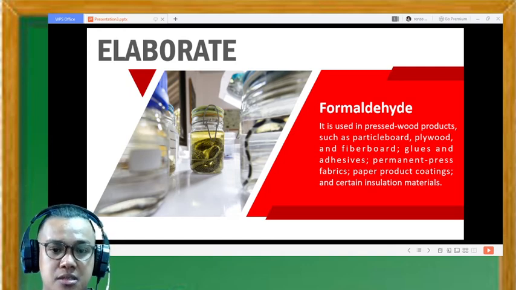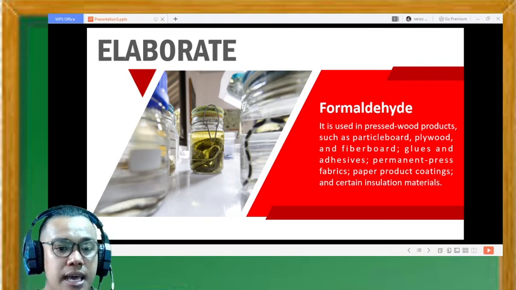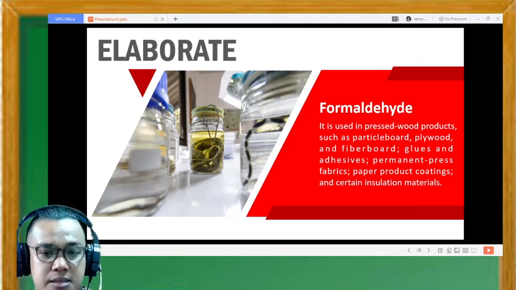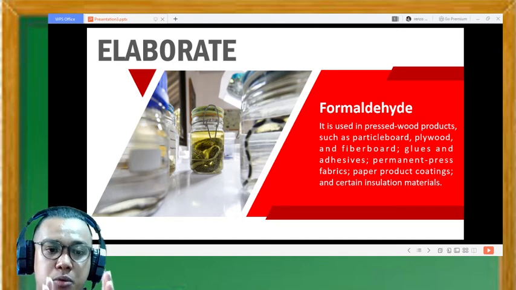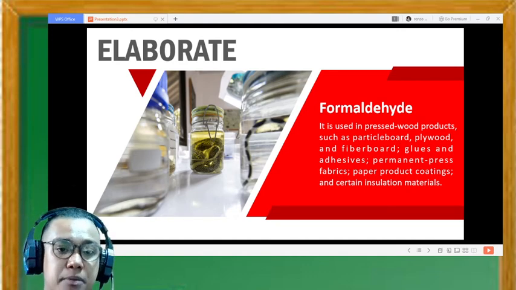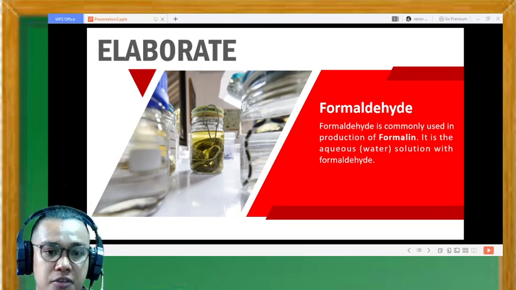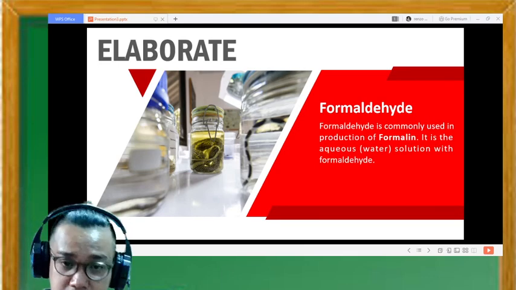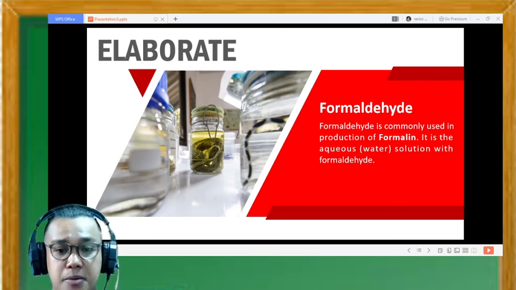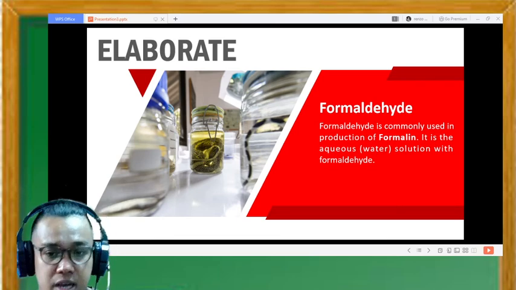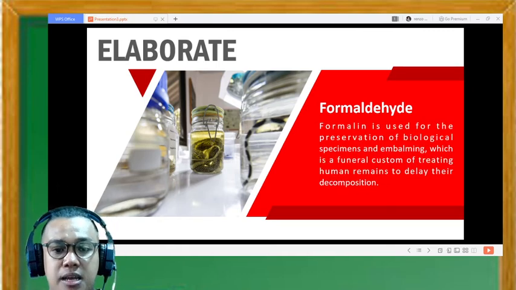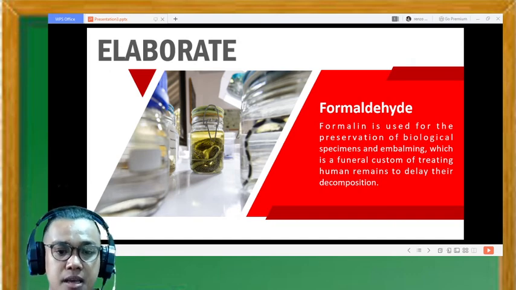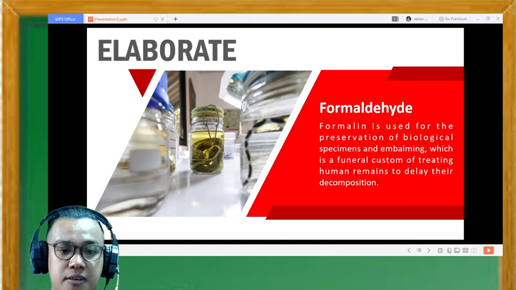Formaldehyde is also used in pressed wood products such as particle board, plywood, and fiberboard, glues and adhesives, permanent press fabric, paper products, coatings, and certain insulation materials. From the word formaldehyde comes formalin, which is commonly used in the production of formalin. It is an aqueous water solution of formaldehyde. Formalin is used for preservation of biological specimens and embalming, which in funeral customs is treating human remains to delay their decomposition.